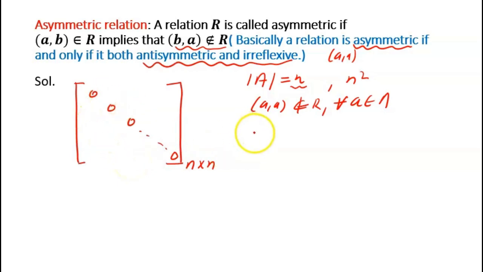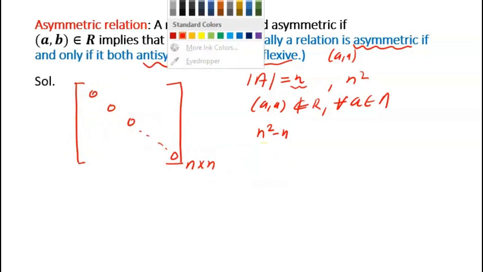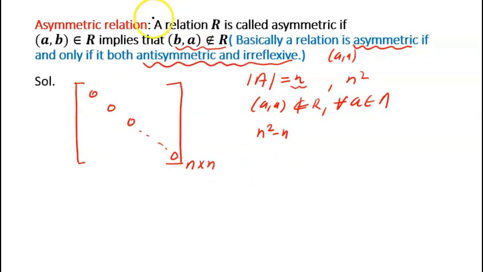Now the remaining n square minus n positions which are there other than the diagonal elements, we are going to look at them the way we have seen it in case of antisymmetric relation, sorry. And there we have noticed that suppose I consider the ijth position and the jith position.